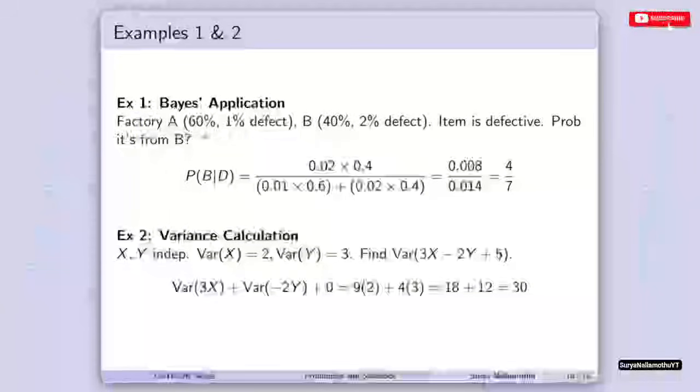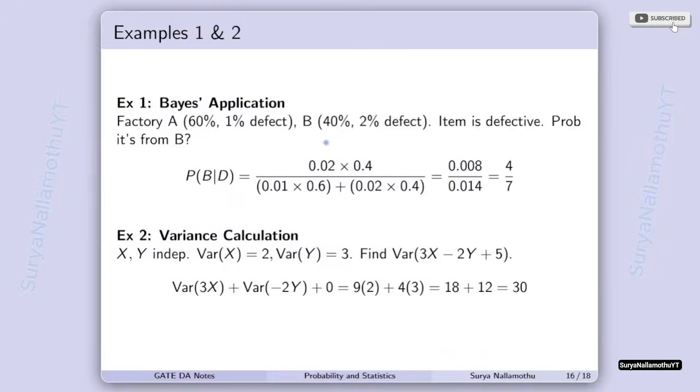Factory A produces 60%, and 1% is defective. Factory B produces 40%, and 2% is defective. So if an item is defective, what is the probability it is from B? The question is very simple. There is a damaged item, and we need the probability it comes from B. The 40% is not the answer, it is your overall probability.